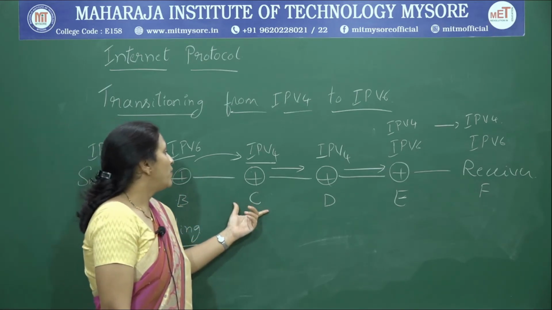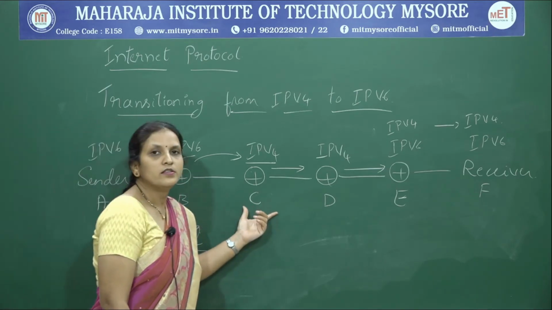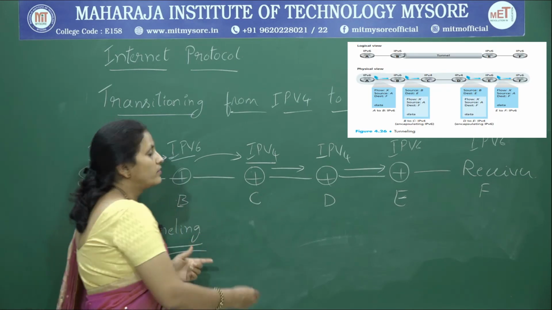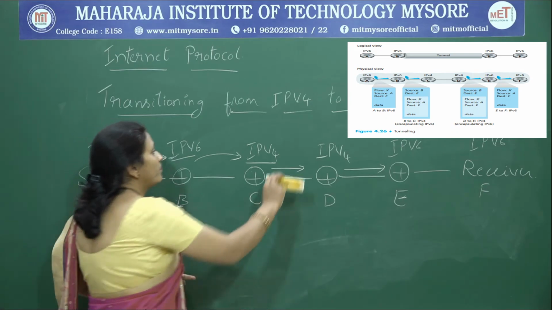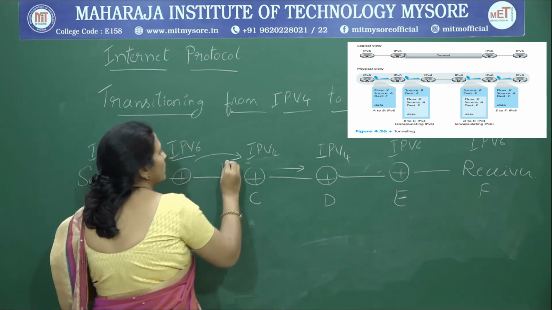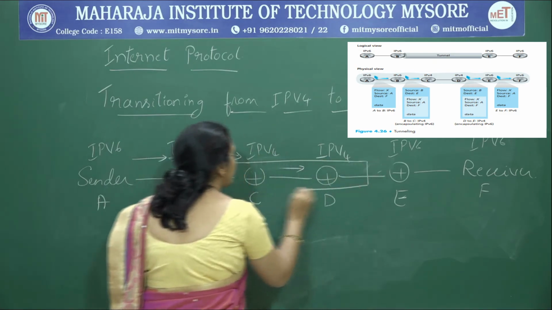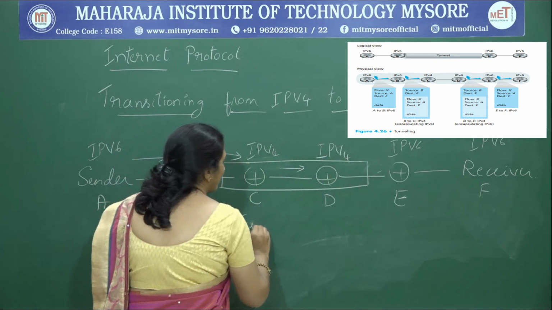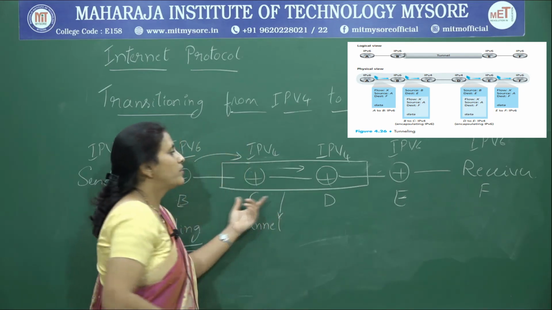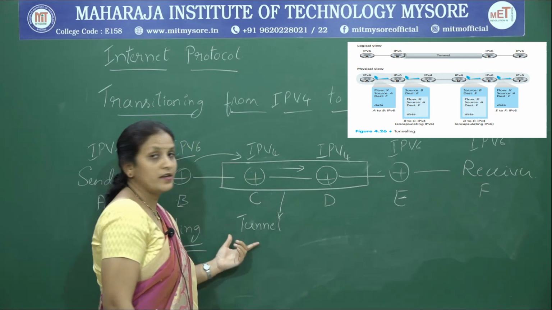From B to C, when it encounters that the next node is IPv4 compatible, these particular nodes are considered a tunnel. These nodes are enclosed inside a tunnel.